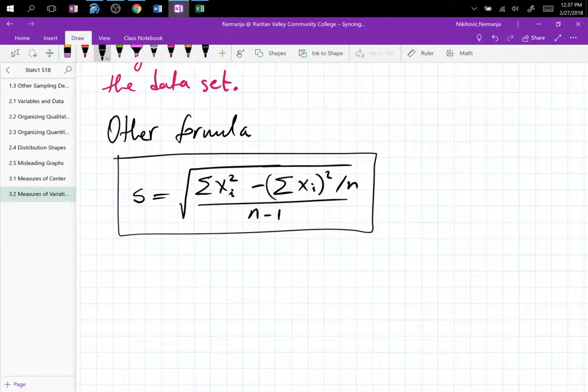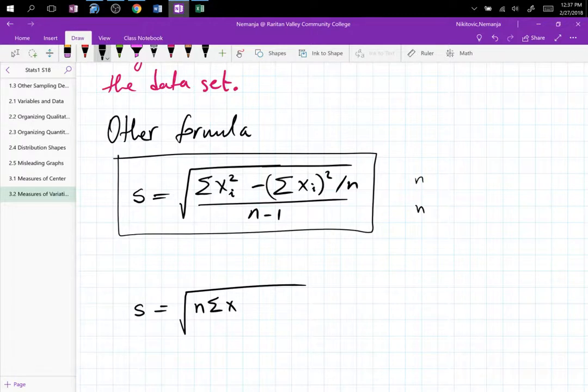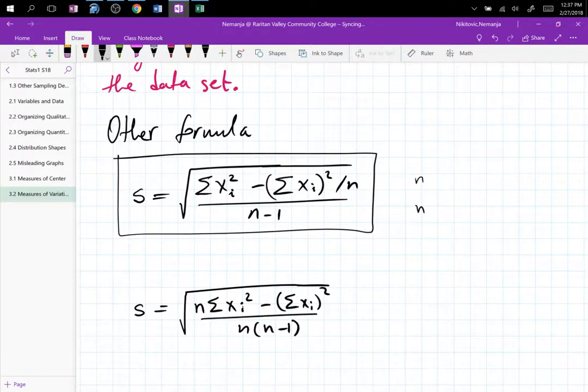But you can also multiply top and bottom by n, and if you do that, you will have the square root of n times the summation of xi squared minus the summation of xi, squared, divided by n times n minus 1. So that's another form of the same formula. Again, use whatever you want.